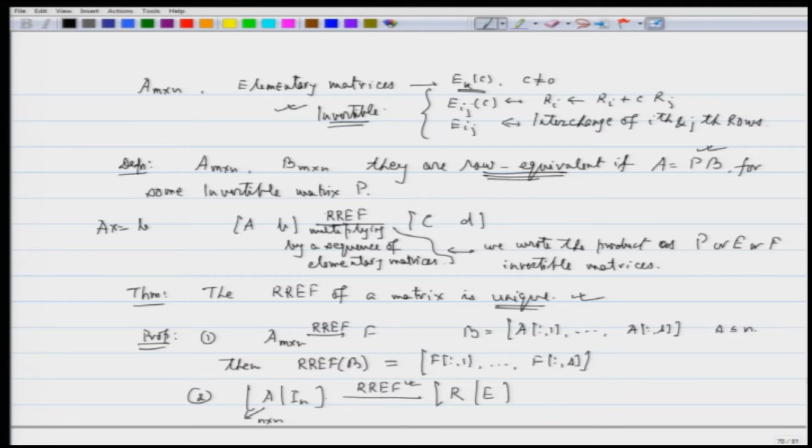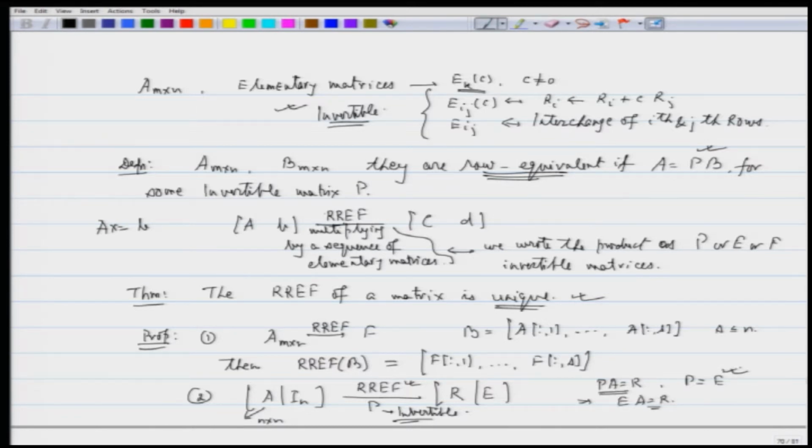So, I multiply by P, which is invertible. Then what we see here is that two matrices are equal if they have the same components. So, that implies that P times A was R and P was E itself, and therefore, here I could say that E times A is R, fine.